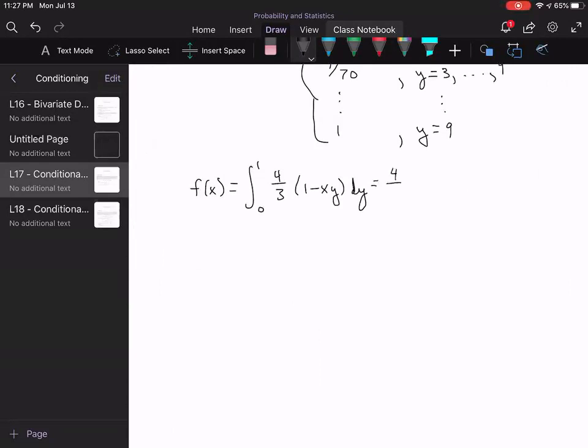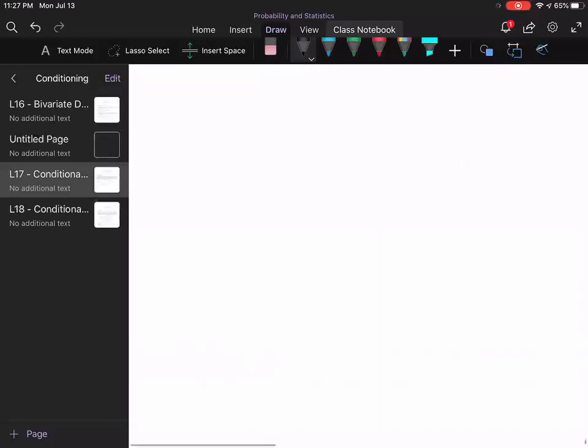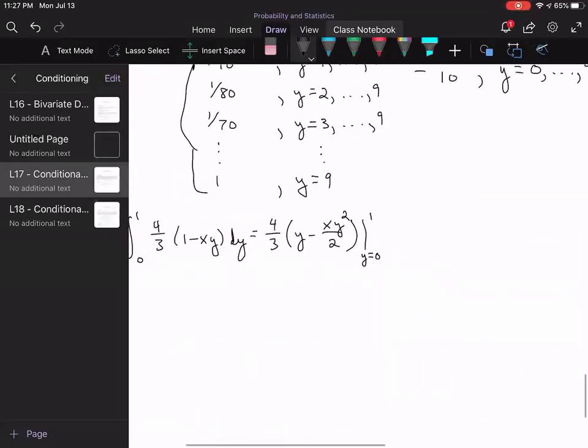So this is 4/3 (y minus x y squared over 2), evaluating y from 0 to 1. And that is going to give us 4/3 (1 minus x over 2), where x has the support from 0 to 1.